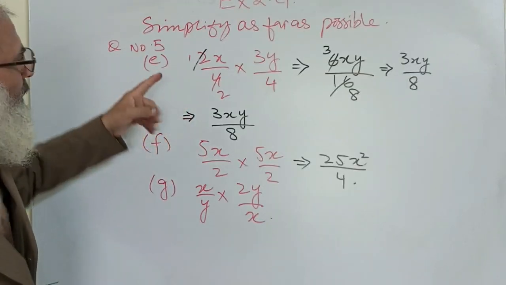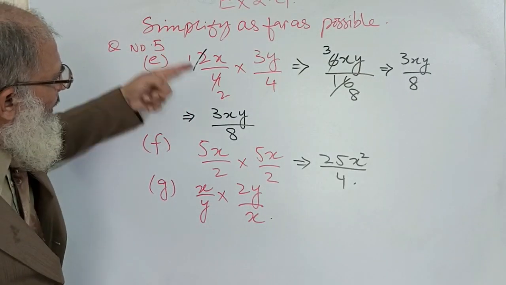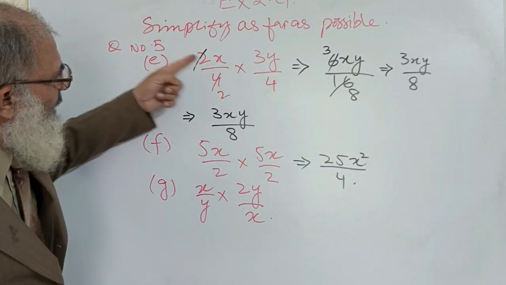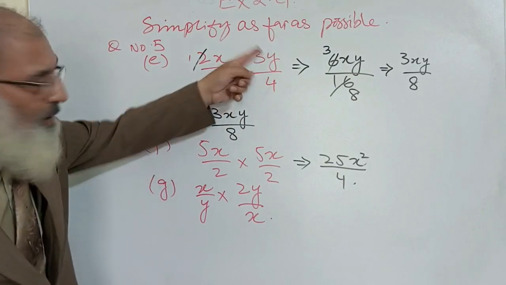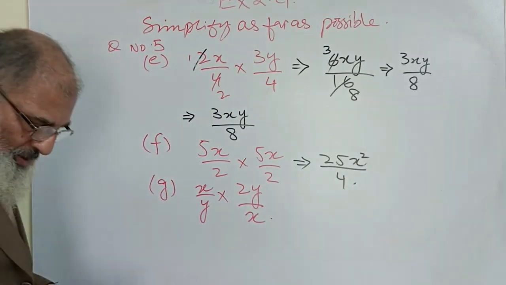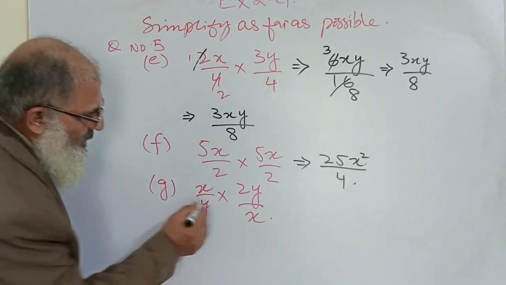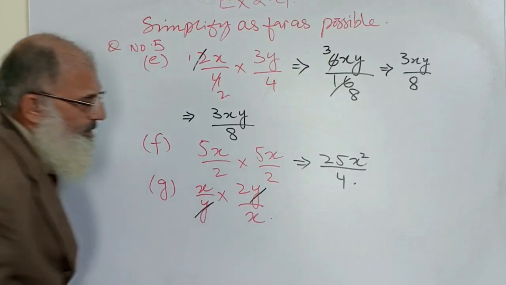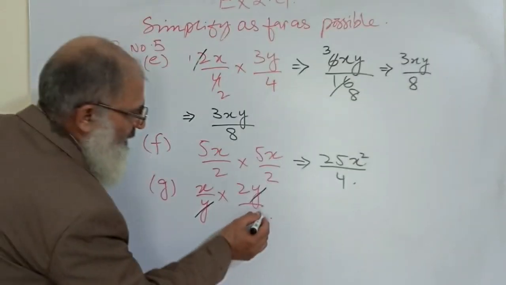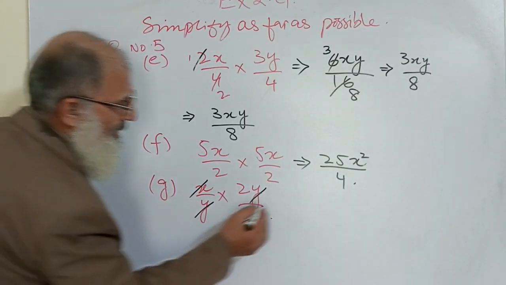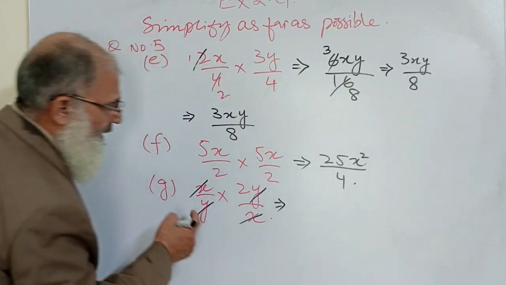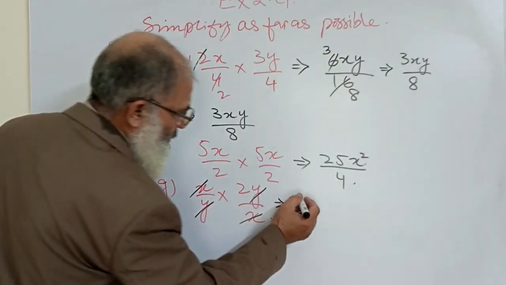I have also told you that this can be divisible by this, and this can be divisible by this. Here you can see that this y is cancelling this y, this x is cancelling this x, and the only answer remaining here is 2.